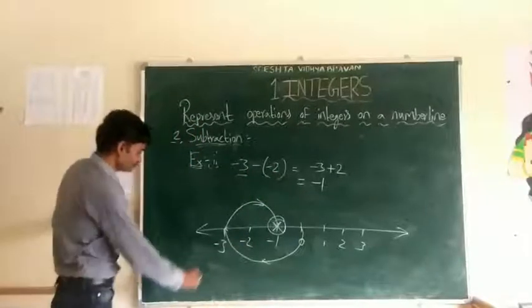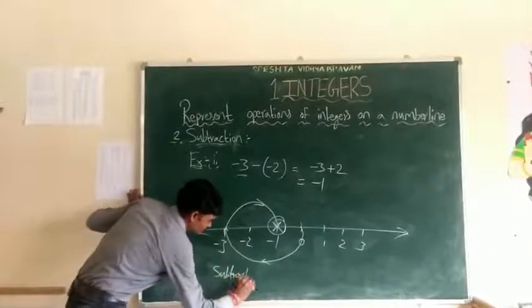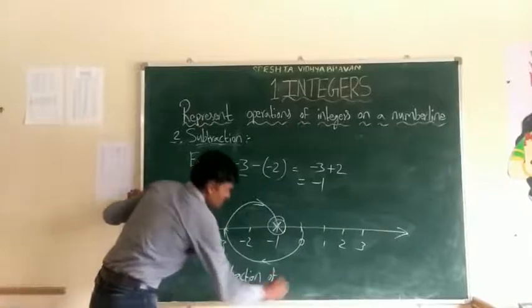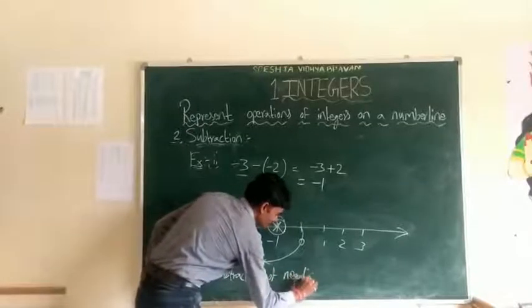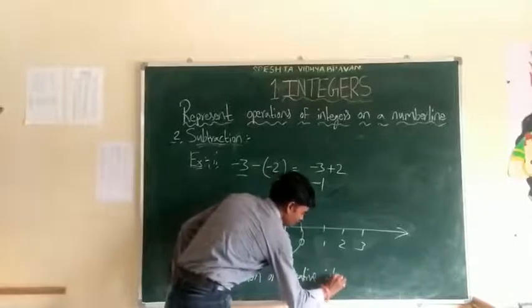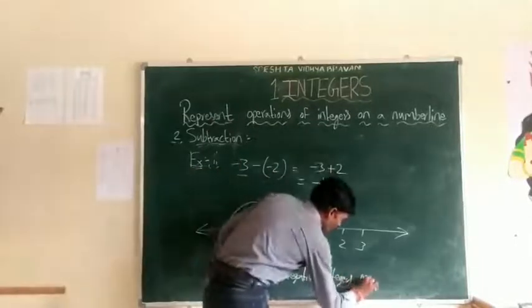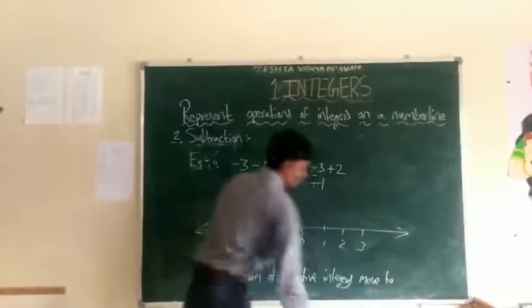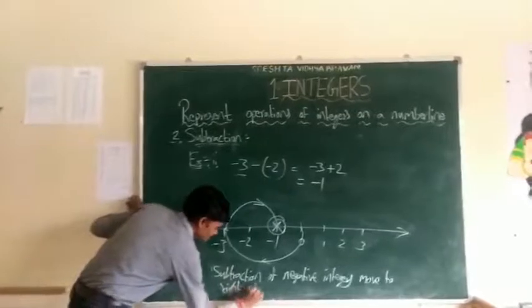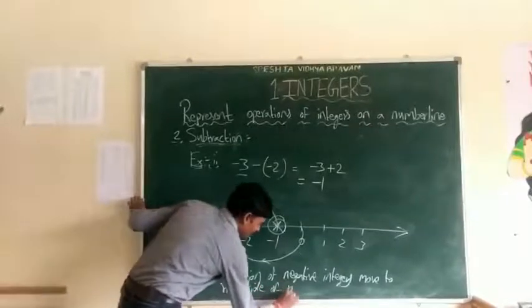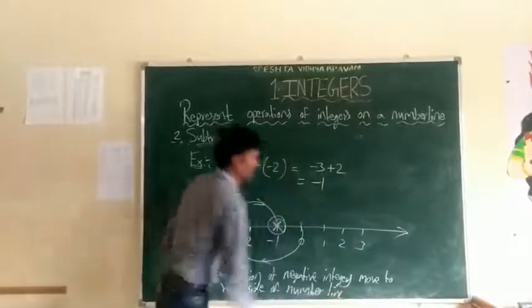That's why subtraction of negative integers moves to the right side of the number line.